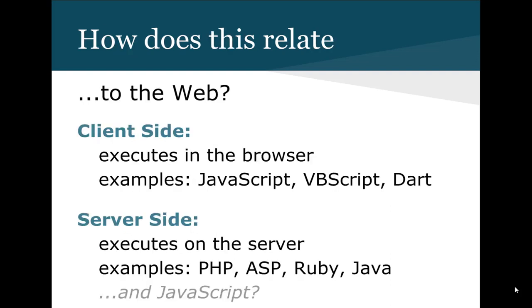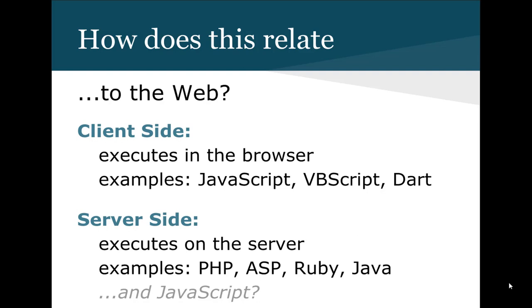So how does this relate to the web? There are more than just the languages that I have listed on this slide, but there's basically two broadly categorized types that we concern ourselves with when it comes to programming for the web. Client-side languages execute their code in the browser, so they have to be interpreted by the browser. Server-side languages execute their code on the server, which then serves up the code for the browser to then render.